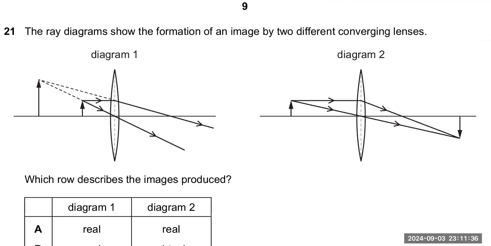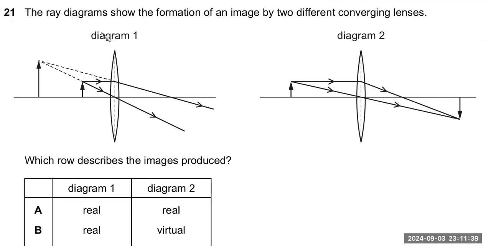Next is, the ray diagram shows the formation of an image by two different converging lenses, diagram 1 and diagram 2. Which row describes the image produced?